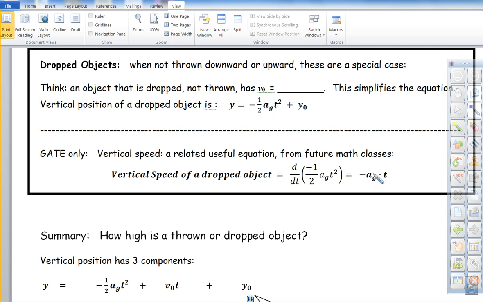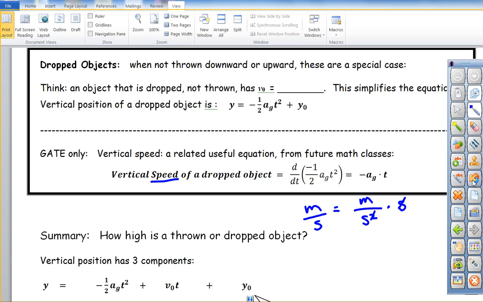The acceleration due to gravity is in meters per second squared, times the time, which is just seconds, you'll see how the seconds and the squared seconds cancel out, and you are left with meters per second, which is a unit of speed. So speed is acceleration times time. Okay, so those are the equations you're going to need to know.